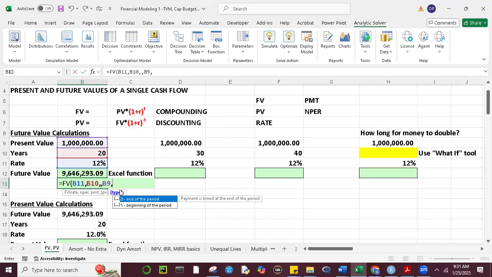This is needed if it's an annuity payment, class. Since this is not an annuity, it's irrelevant to us, so we can just ignore the type and close this one. We didn't put anything in the type because this is not an annuity.